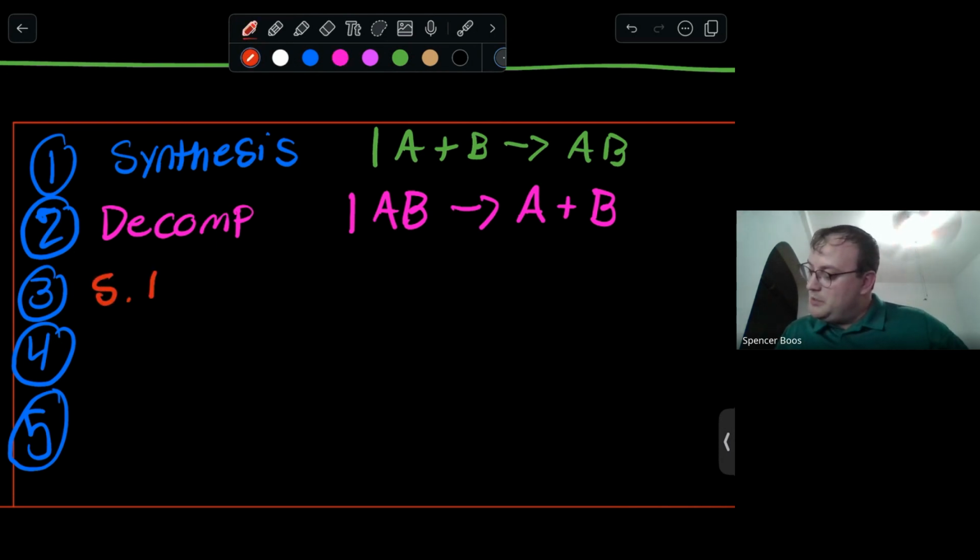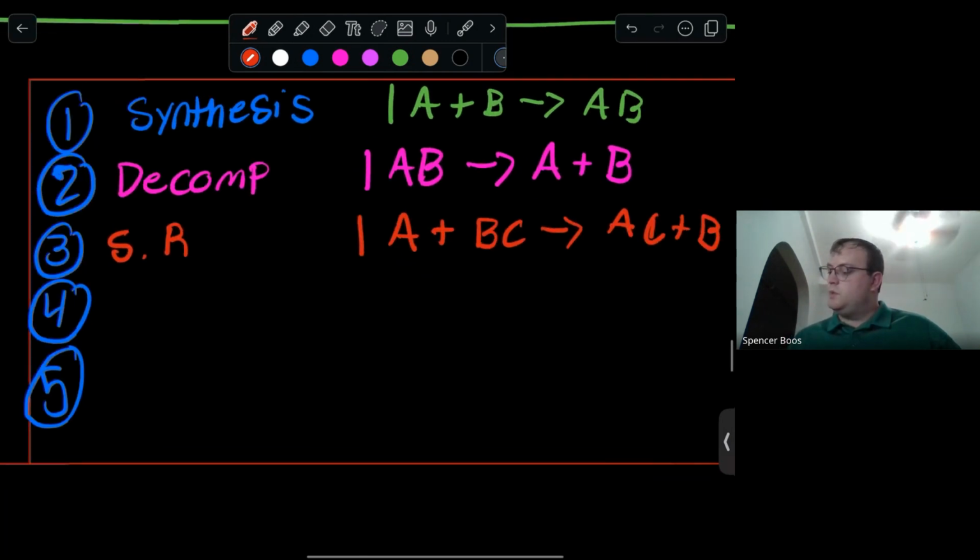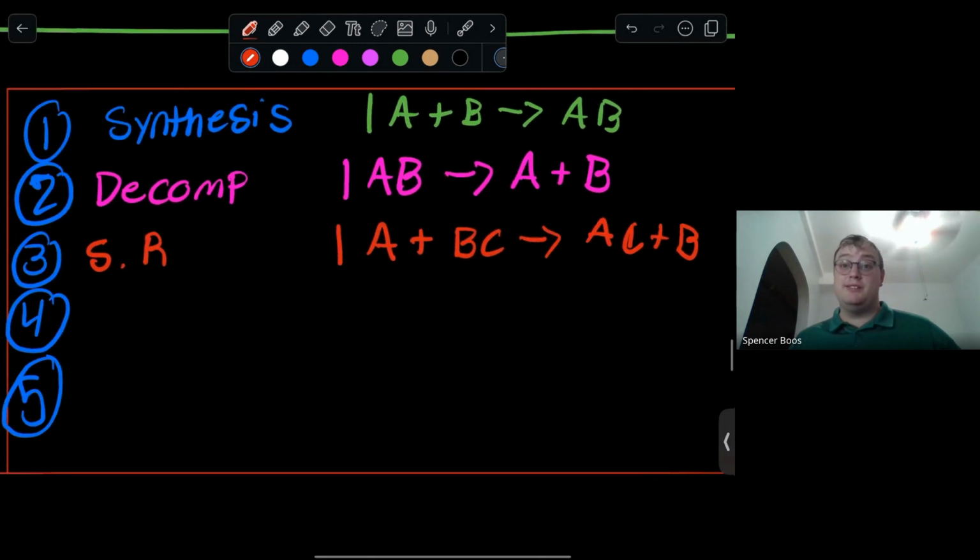You've got single replacement, which you've got something that is kicking out something else. Right, so there in that example, the A is kicking out the B.